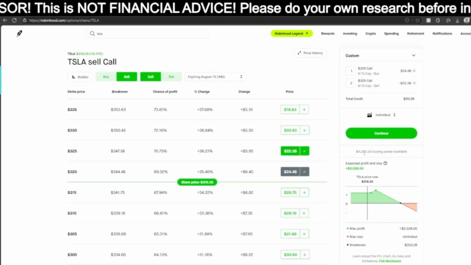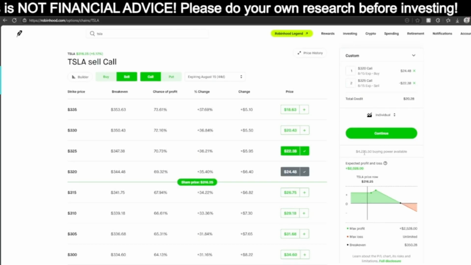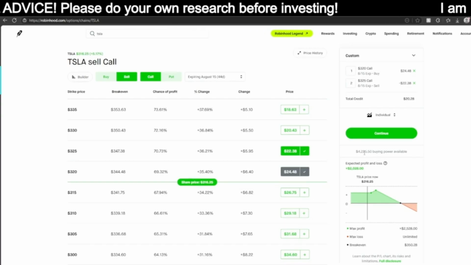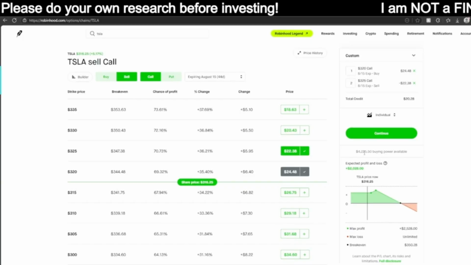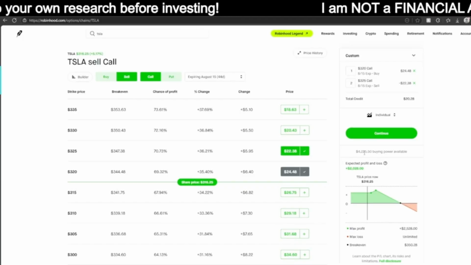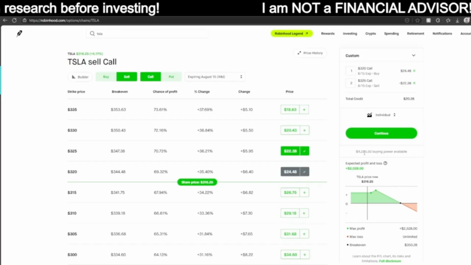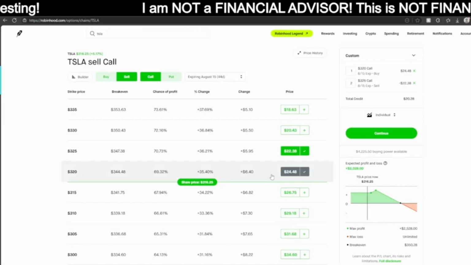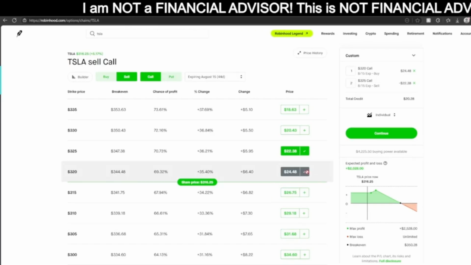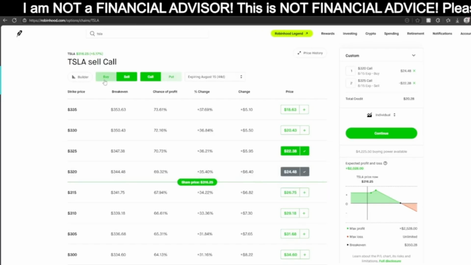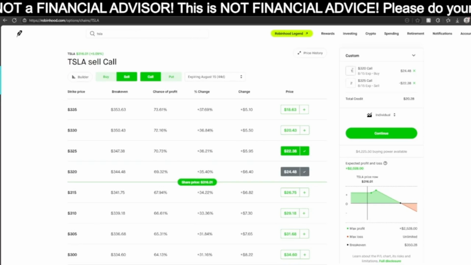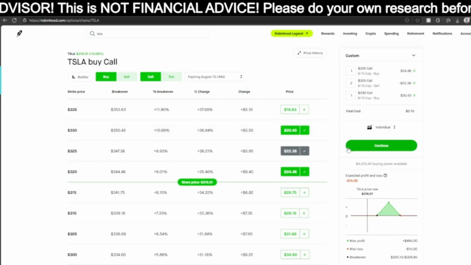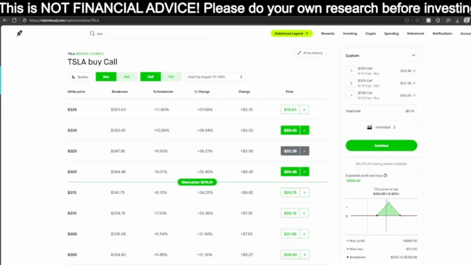But you can't do that so quickly, because if Tesla goes to 325, you now need 200 shares to offload in case Tesla goes above 325, which again is over $60,000, which you don't have. But you do have 100 shares worth of collateral as a bought option. So instead of doing a 321 and limiting it, you could technically buy the one higher, and it creates this nice little image of a butterfly.